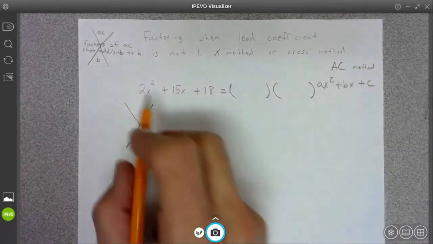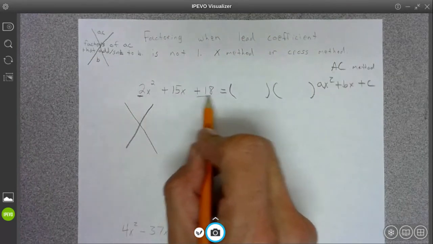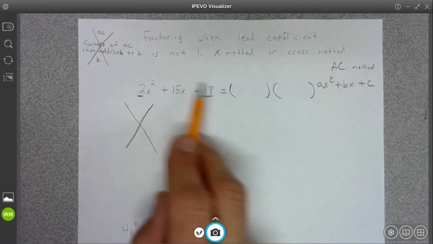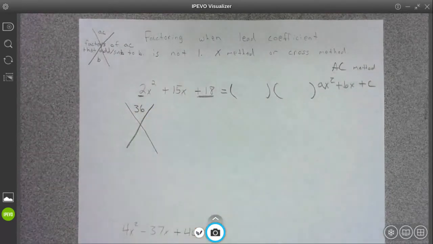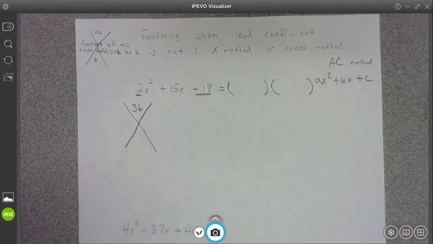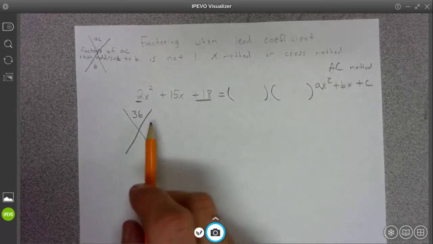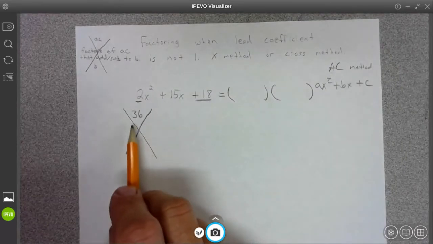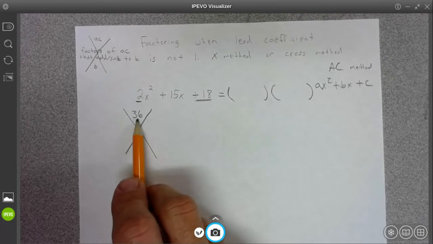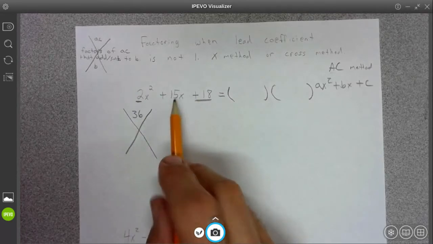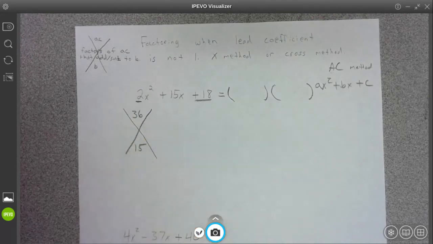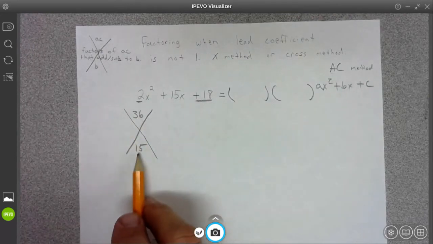So I'm going to multiply the A term and the C term. So 2 times 18. That's going to go here. 2 times 18 is 36. All right, now it's going to be a lot like the methods from before. So I'm going to find two numbers that multiply to 36 and add up to 15.